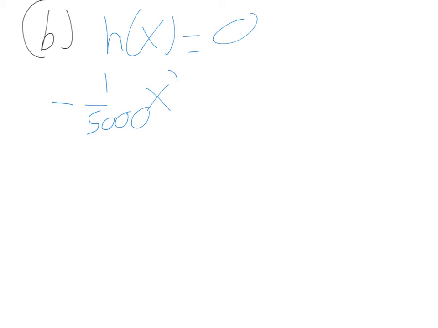And for part B, it'll strike the water when the height is 0. So you can take that quadratic, negative 1 over 5,000 x squared plus x plus 500, and set it equal to 0. Before we plug it into the quadratic formula, it might help if you check the discriminant just to make sure we didn't do anything wrong.